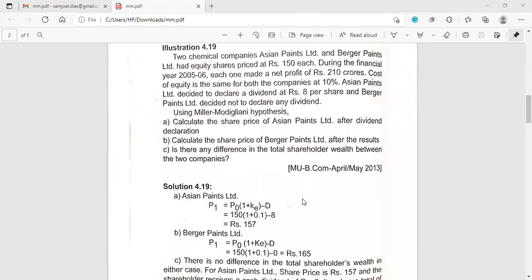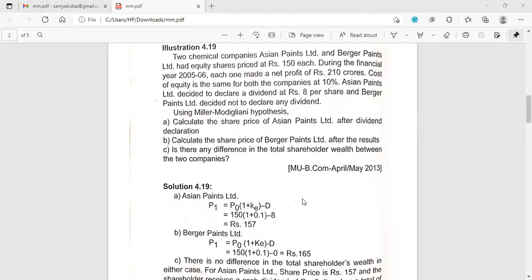Two chemical companies, Asian Paints Limited and Berger Paints Limited, had equity shares priced at rupees 150 each. During the financial year 2005-6, each one made a net profit of rupees 210 crores. Cost of equity is the same for both the companies at 10%.